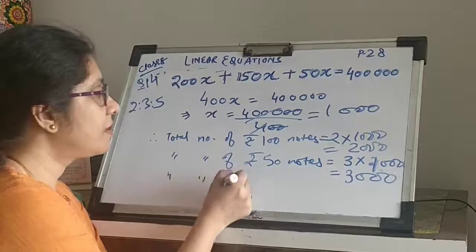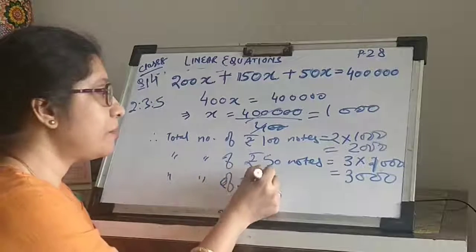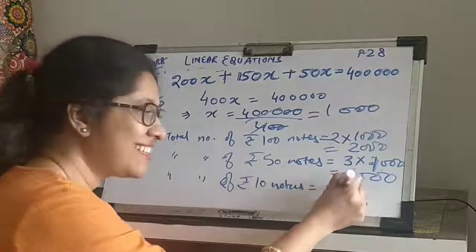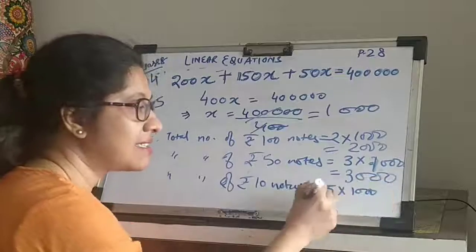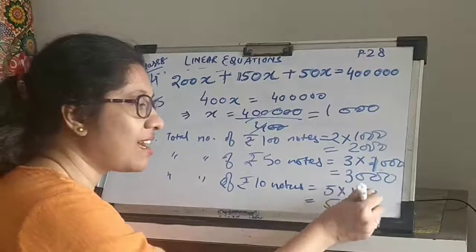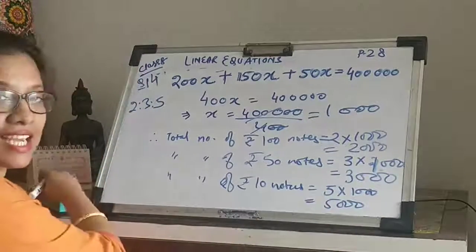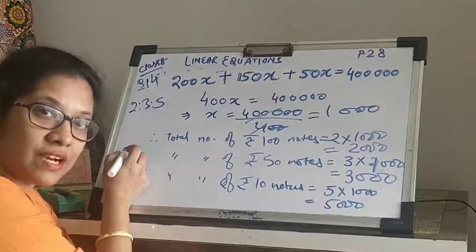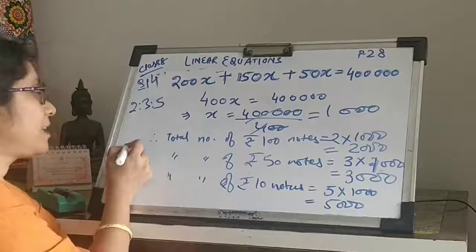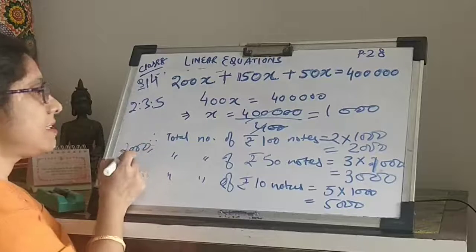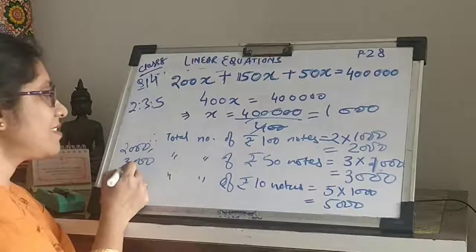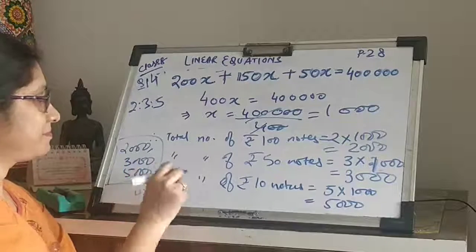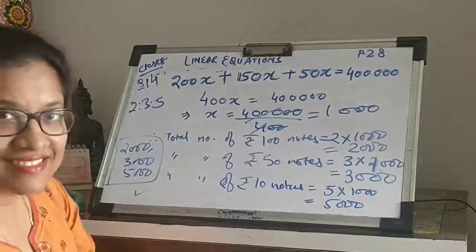The number of 10 rupee notes will be 5x, that is 5000. So what do we have? The numbers of rupees 100, 50 and 10 notes are 2000, 3000 and 5000. This is what you have.